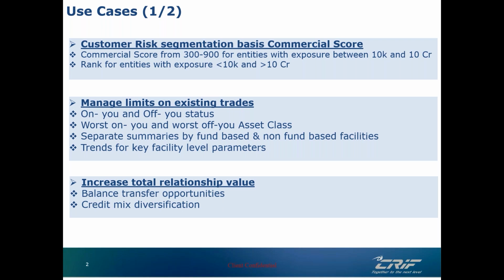It covers entities with an aggregate exposure from 10,000 rupees to 10 crore rupees, which essentially is a large segment of the population to whom you will give a loan, because it effectively is a proxy for turnovers of up to 200 to 250 crores. And for entities which have an aggregate exposure of either less than 10,000 or greater than 10 crores, it automatically gives a rank on a scale of 1 to 5.